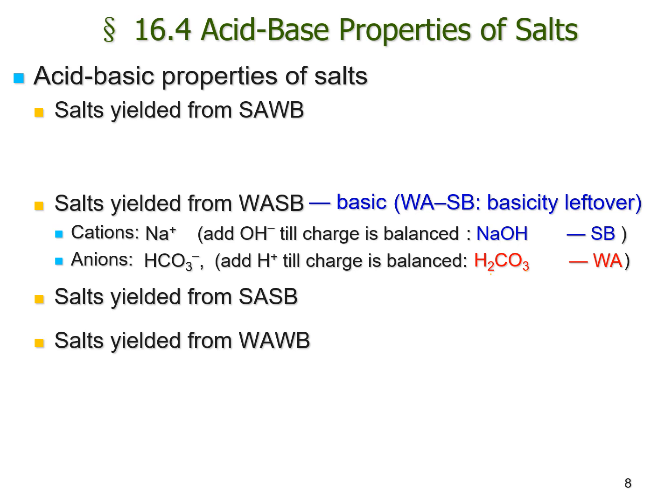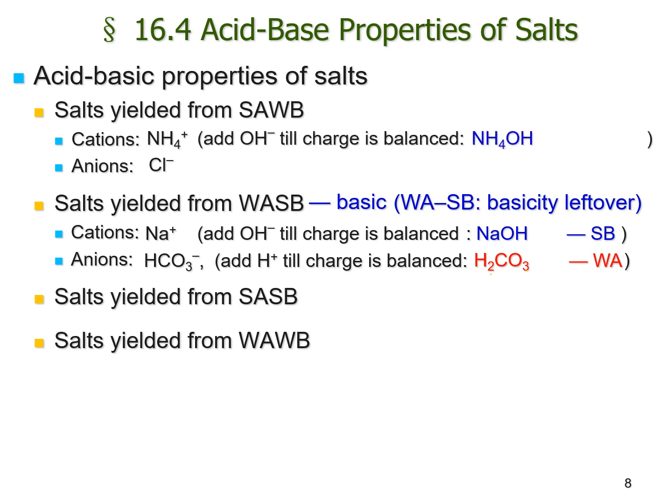We can also try this approach with the example of a salt yielded from strong acid and weak base. A good example, ammonium chloride. Ammonium is the conjugate acid of a reacting base. So how do we get the base? Add OH minus to it, so we have ammonium hydroxide, the only weak base in this class.